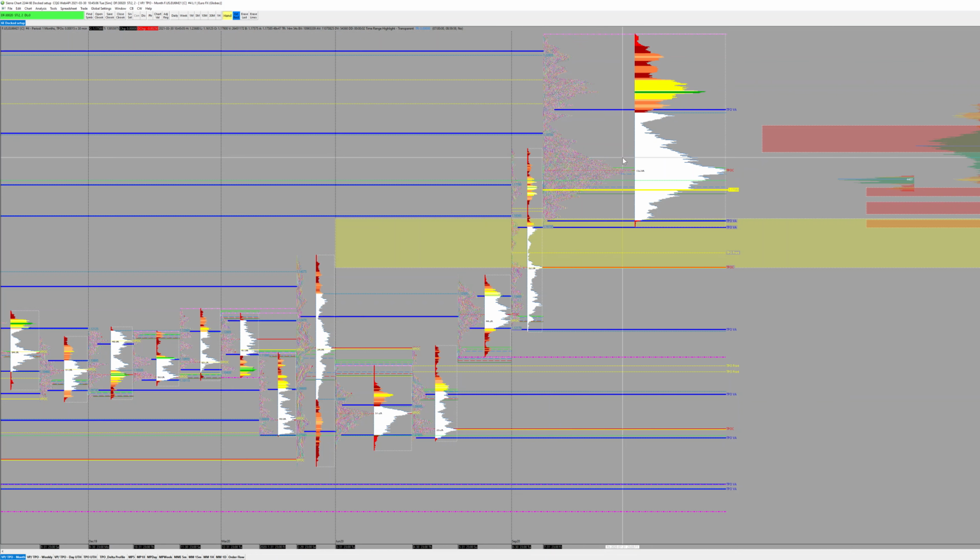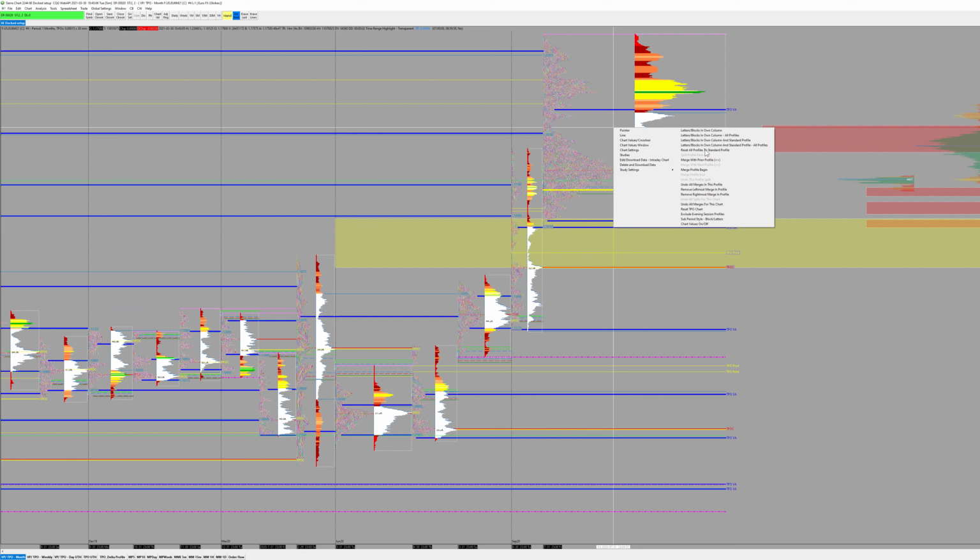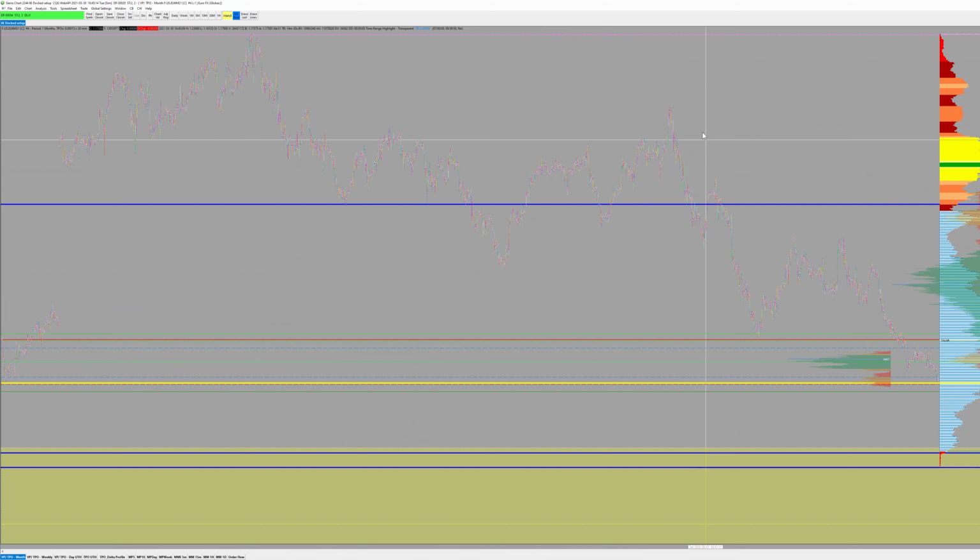So if I take the whole screen, there we go. You can see exactly what I'm saying: we shifted up.